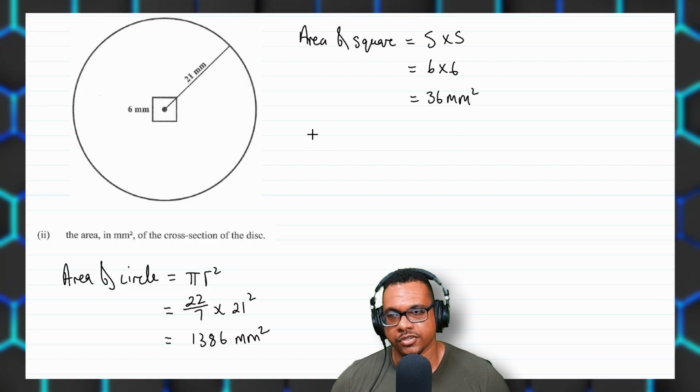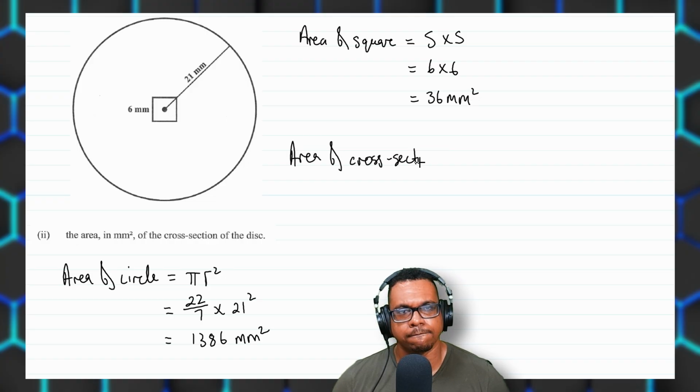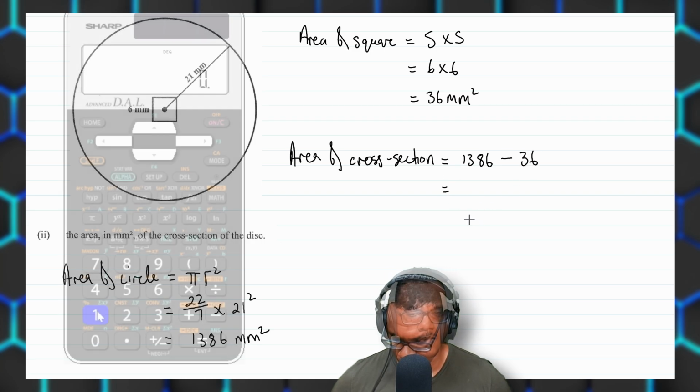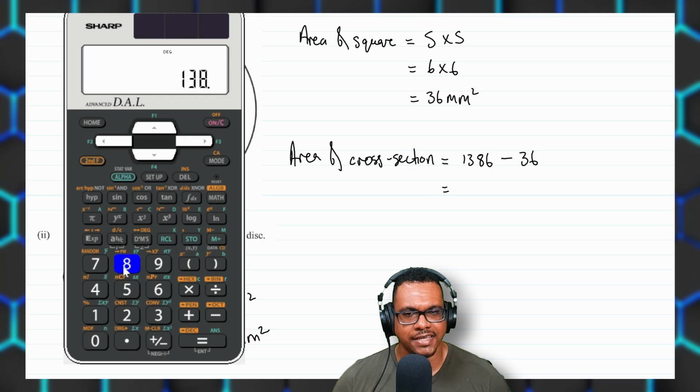So now the area of the cross section is equal to the 1,386 take away this 36 millimeters squared. So that'll be equal to 1,386 take away 36, which is equal to 1,350. So I'll have here 1,350 millimeters squared.